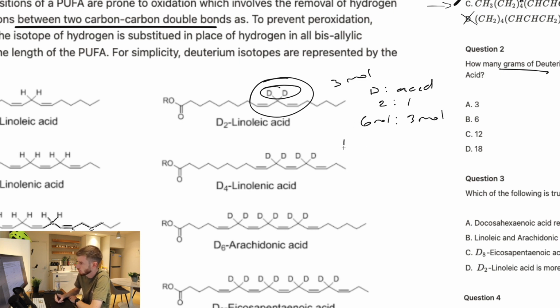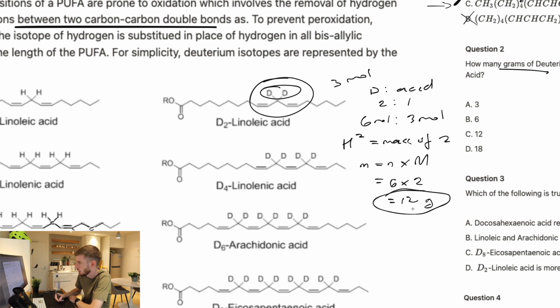The final thing then is we're told deuterium is H2, and that has a mass number of 2. So the mass, this is using a bit of stoichiometry, is number of moles multiplied by molar mass of the compound. If we have 6 mole and it's got a molar mass of 2, that gives us 12 grams of deuterium is required. And there we go. So in that case, then we would need 12. And there we go, there's 12 grams.